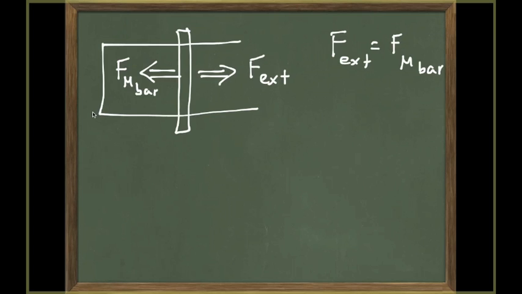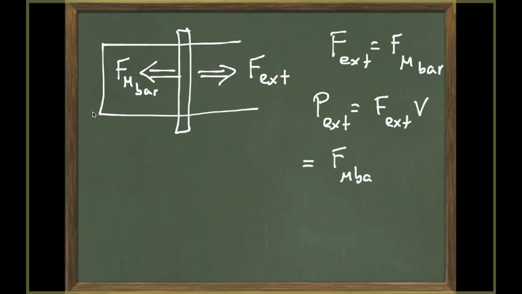Now, if you have to apply a force to this bar, that means you have to do work on that bar, right? And if you're doing work, you're also producing some power, work per unit time. If you remember, the power of a force, in this case the external force, is equal to the magnitude of the force multiplied by the velocity of the object on which this force is acting.